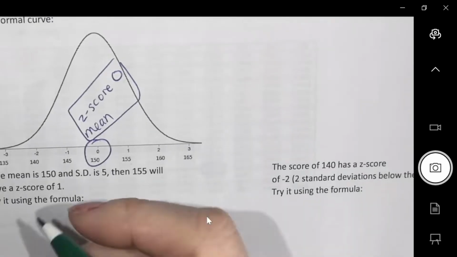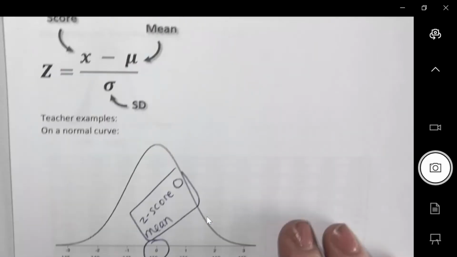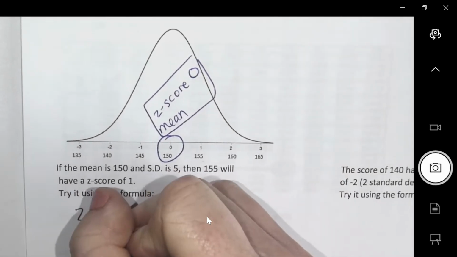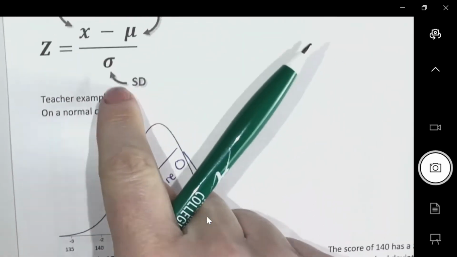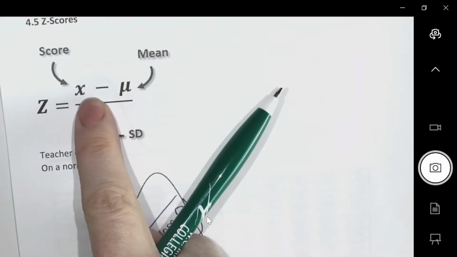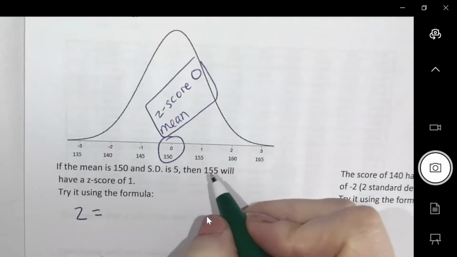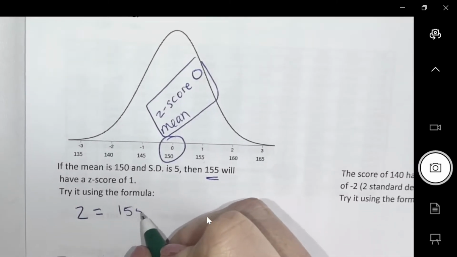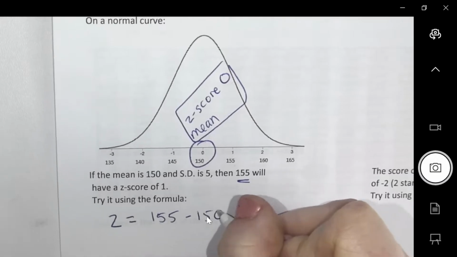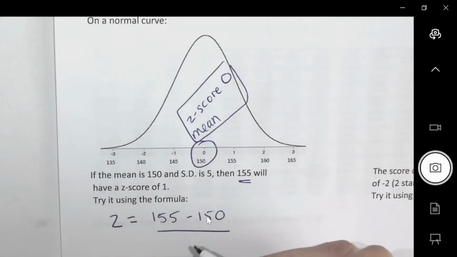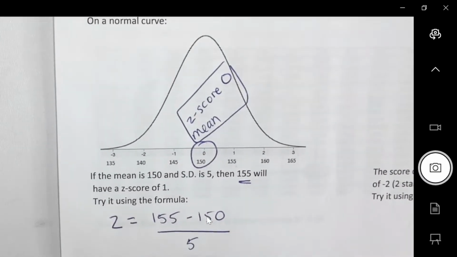Okay, so here's the formula. So I gave it to you there. So z equals your score. This is your score. So my score is 155 minus the mean, 150, over the standard deviation of 5.